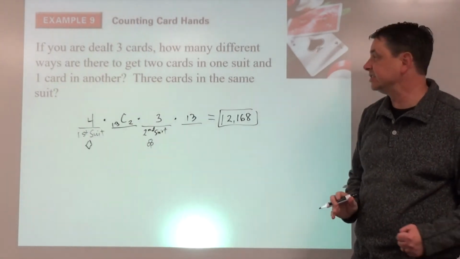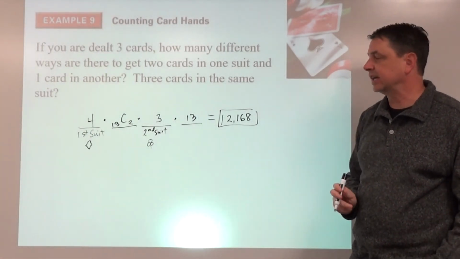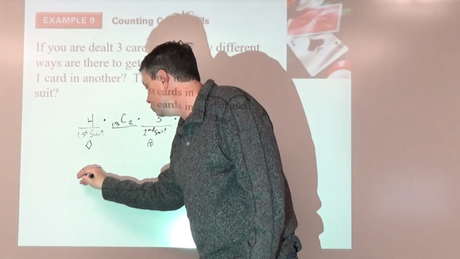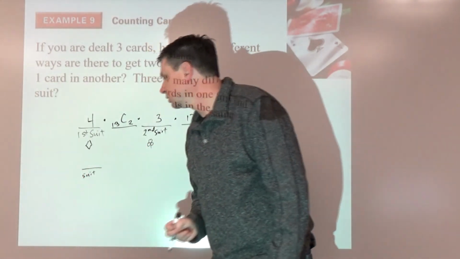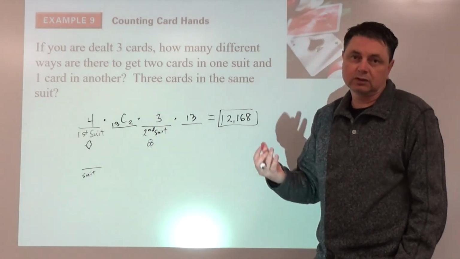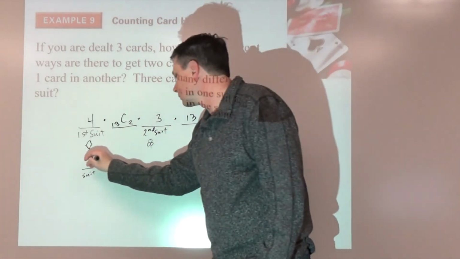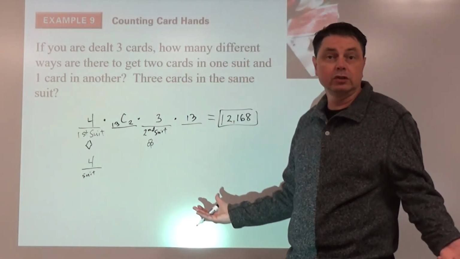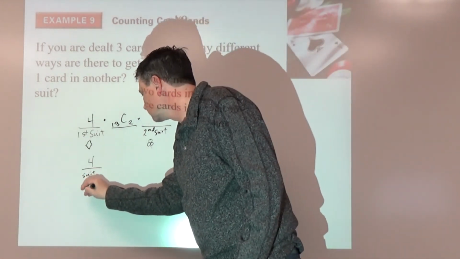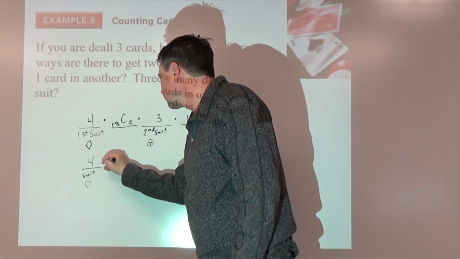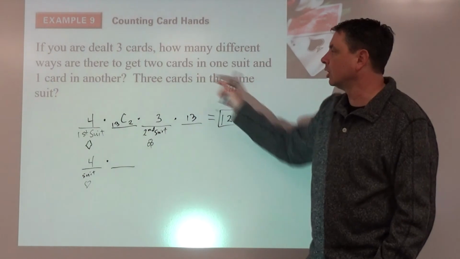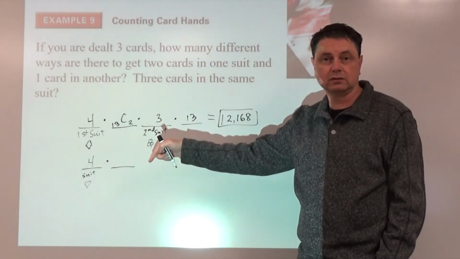What about our second situation? Probably actually a little bit easier this time. 3 cards in the same suit. So once again, since we're only getting 1 suit, it's just the suit. We already know what that is. Got 4 choices. And again, let's be specific. What suit? Maybe hearts. Times, now we've got to get the cards. 3 cards all in hearts.